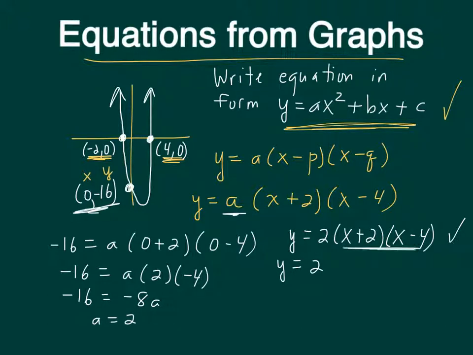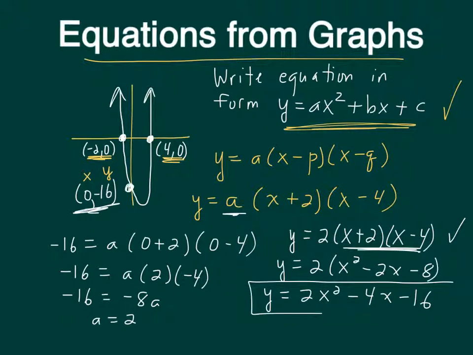So we're going to first do our FOIL on the x plus 2 times the x minus 4. That's going to give us x squared minus 2x and then a -8. And then from there, our final answer, after we distribute our 2, would be this trinomial. Okay, that again now fits this mold of ax squared plus bx plus c.